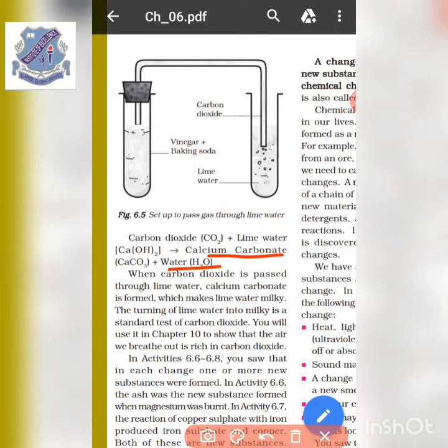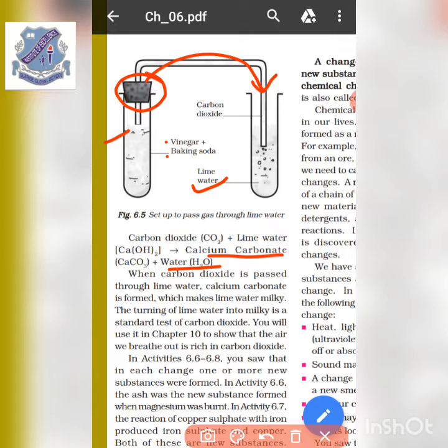See, in the first test tube there was vinegar and baking soda. When you mixed them, you got carbon dioxide and other substances. Now that carbon dioxide is passed into the next test tube, which already has lime water in it.